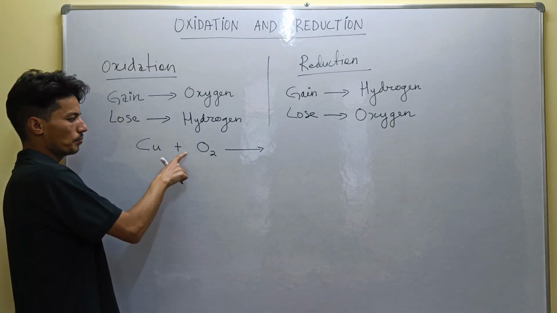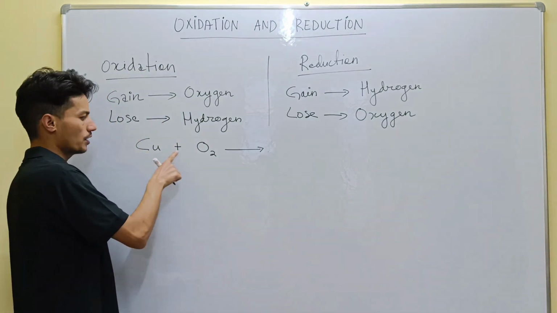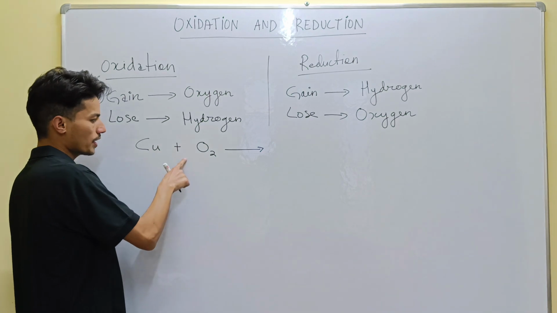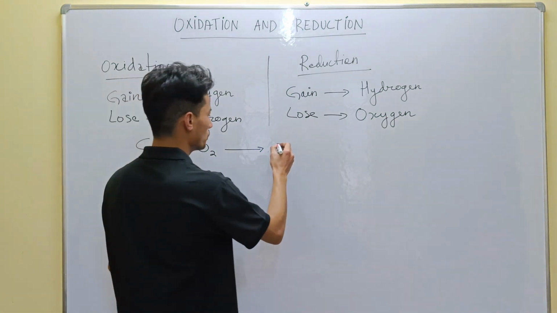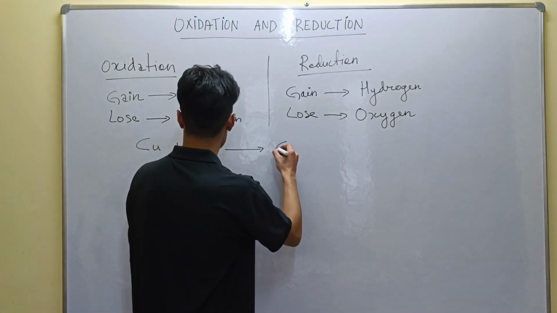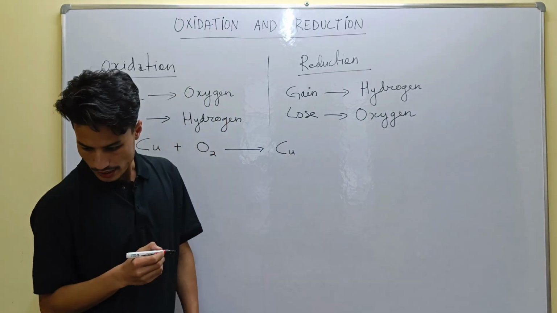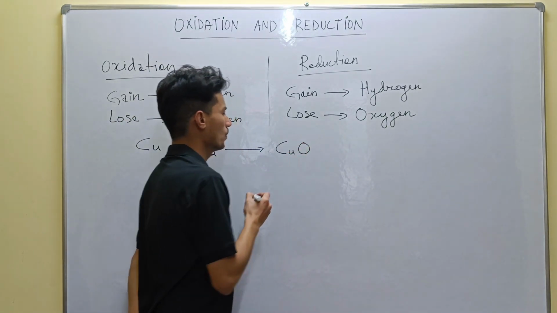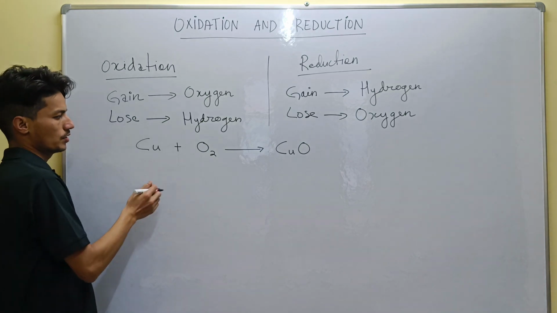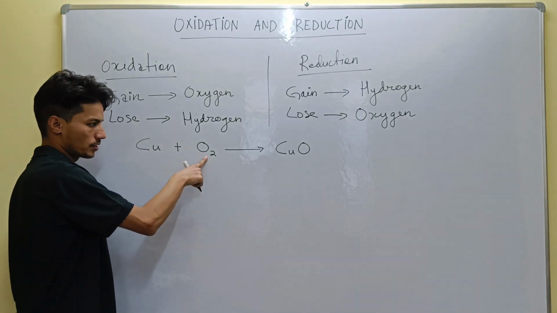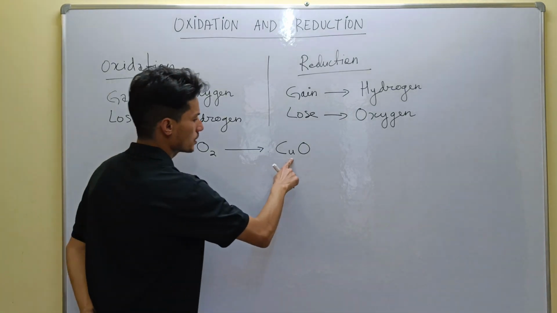Copper reacts with oxygen. What will happen here? You'll get CuO. So copper reacts with oxygen and you get CuO.